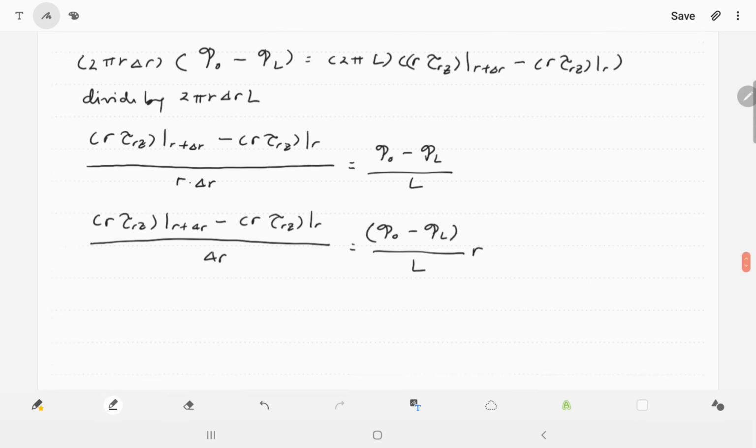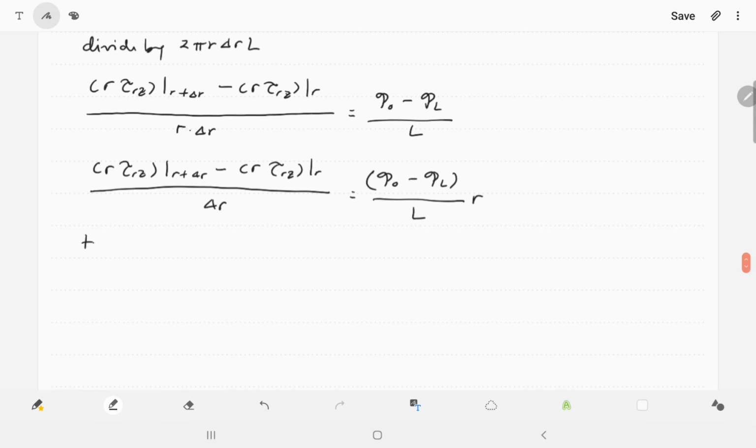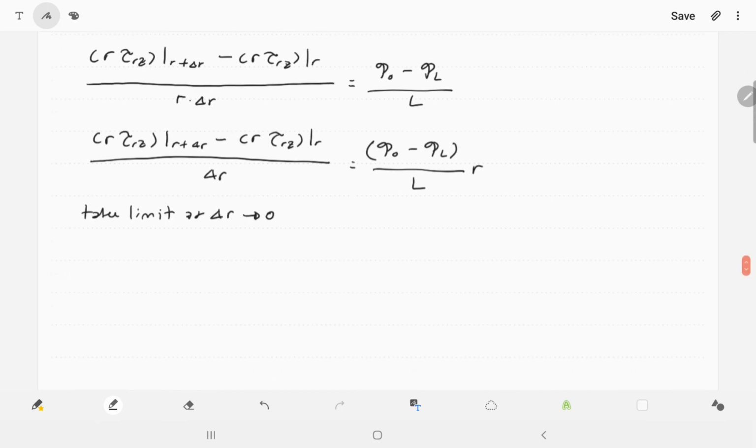Okay, r, and then we take the limit as delta r approaches 0. Then this will be d per dr of r tau rz is equal to p naught minus pl over l, this one multiplied by r.